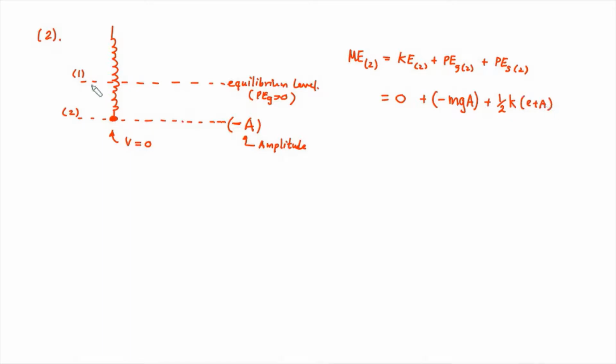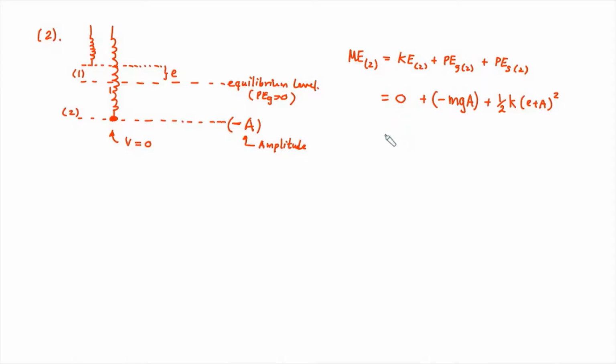E plus A, because if you recall, the natural length of the spring was something like this. And this separation, we mentioned that this is E. So from that natural length for this level 2 position of the spring, the total change in the position is E plus A. This distance plus this distance, which is E plus A, and I have to square that term.